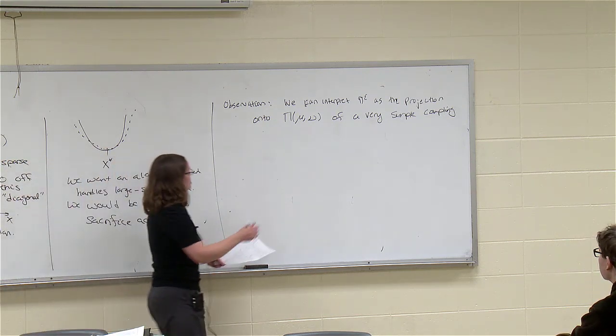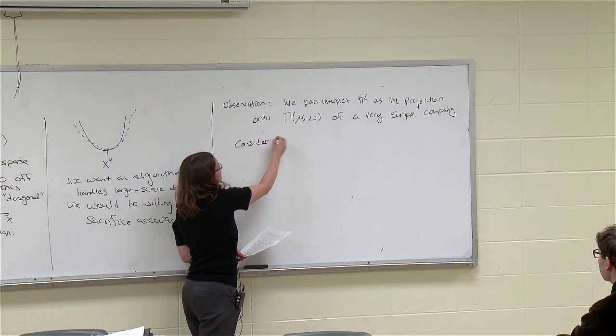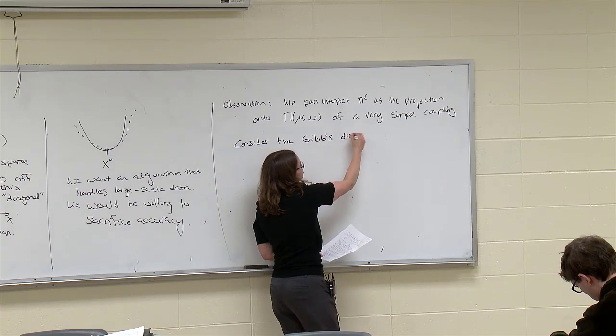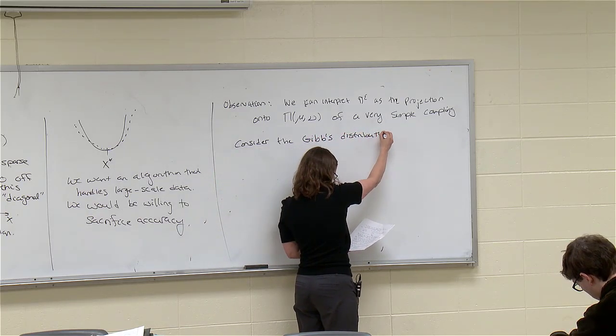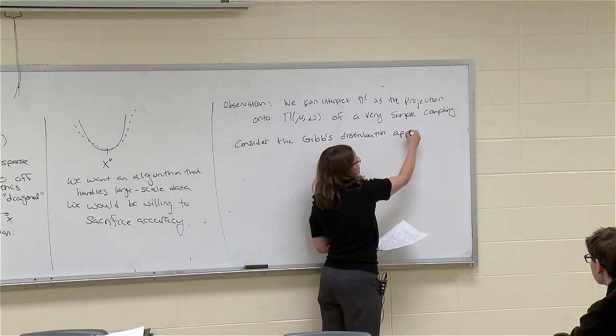So here's the coupling we're going to start with. We're going to start with this Gibbs distribution that we're going to apply to our cost matrix.